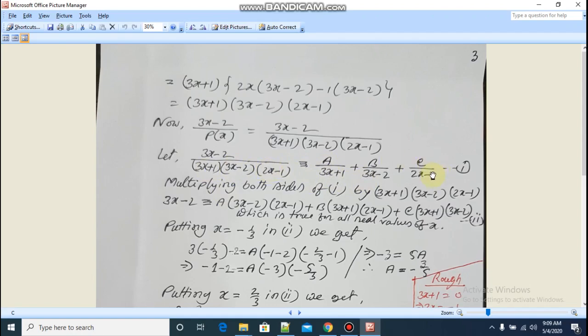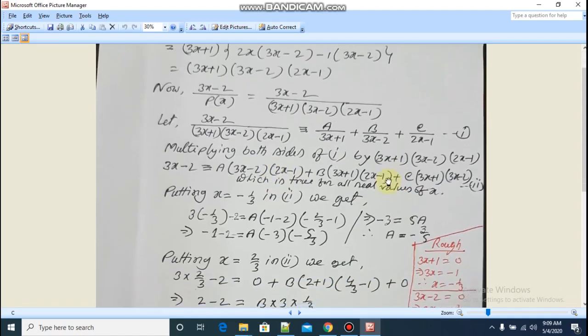In the last class, there was a huge discussion about partial fractions. Multiplying both sides by this, we get 3x minus 2 equals this, which is true for all real values of x.